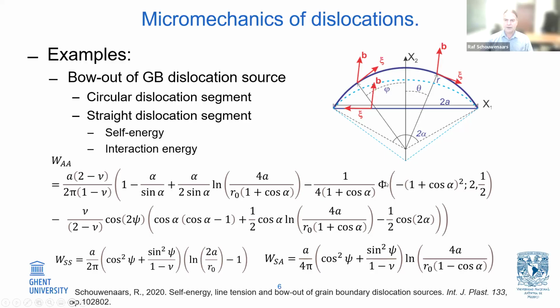So, and that's the big advantage of using symbolic software. The formula goes right down here. We find the self-energy for the straight segment, which looks quite nicer, and the interaction energy between the segment and the arch. Now, another important point we see here: if we use closed loops or finite segments, this upper cutoff radius, big R, doesn't appear.